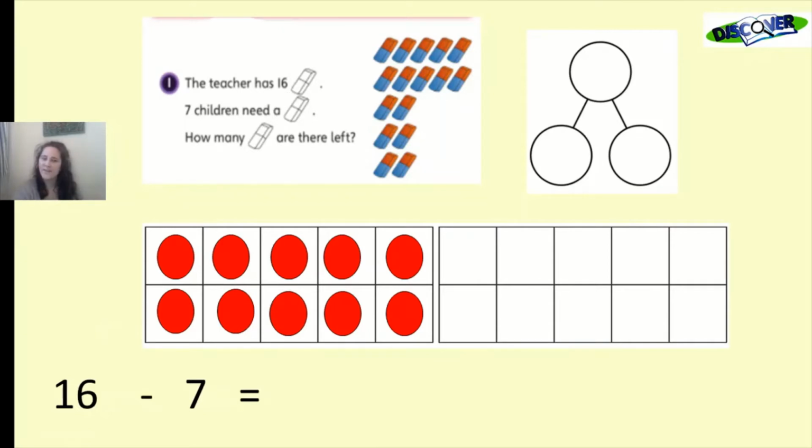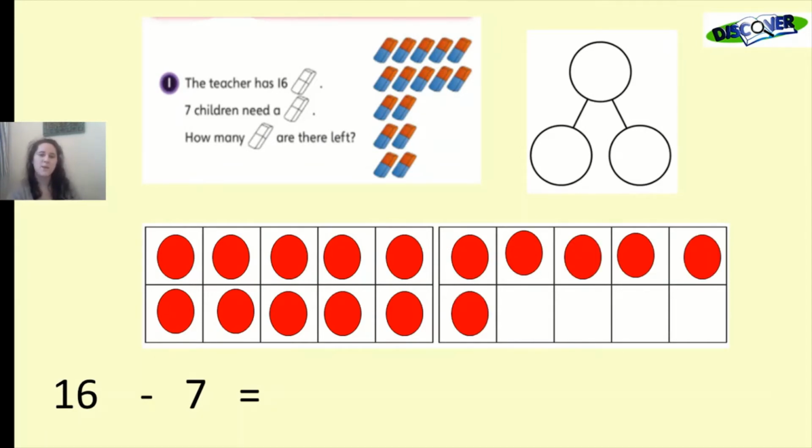I didn't even need to count them. I could just put them all in and I know there's 10. Now that I've put in my group of 10, I now need to put in my 6 ones. Are you ready to count with me? 1, 2, 3, 4, 5, 6. There we go. I now have 16 rubbers or 16 counters representing my 16 rubbers.